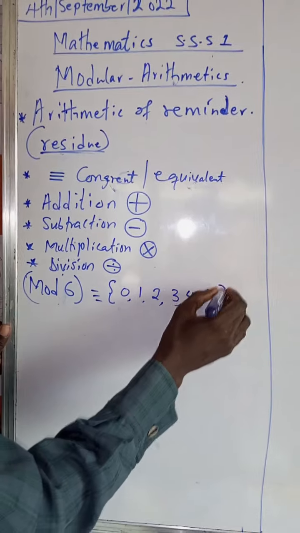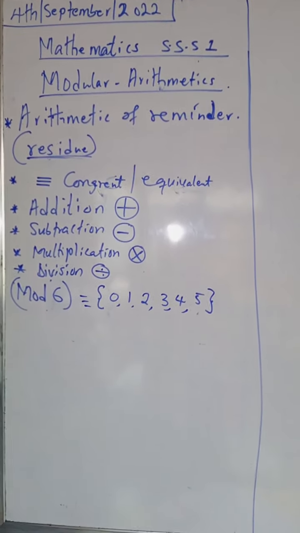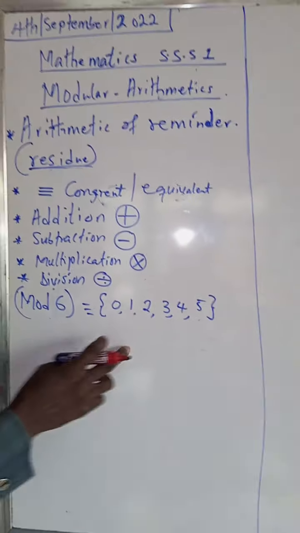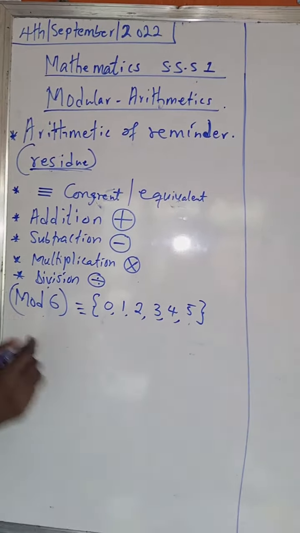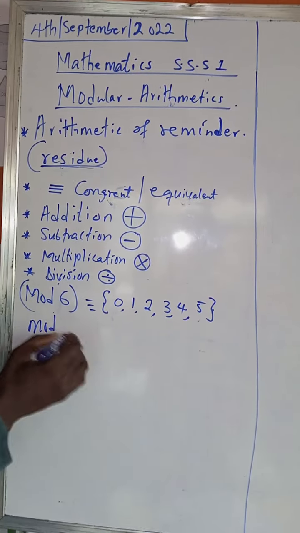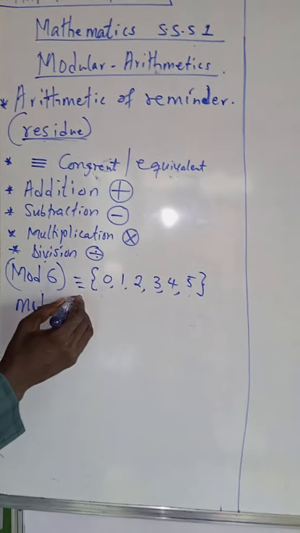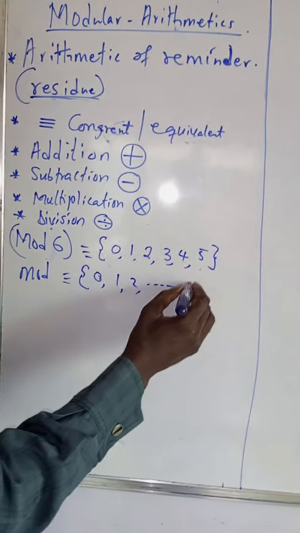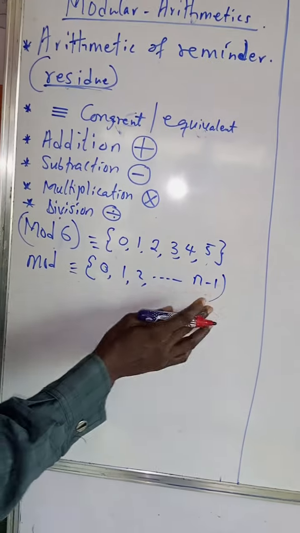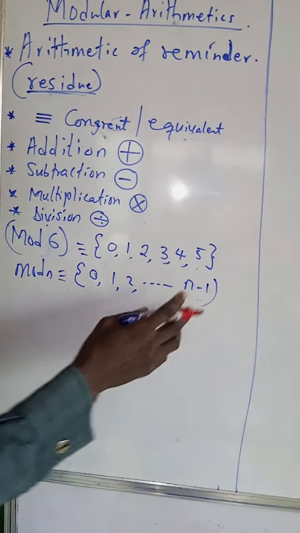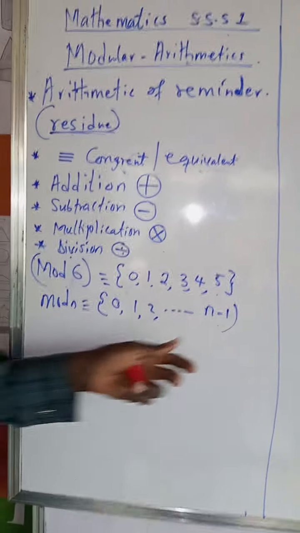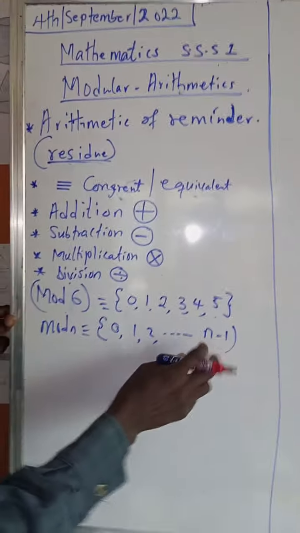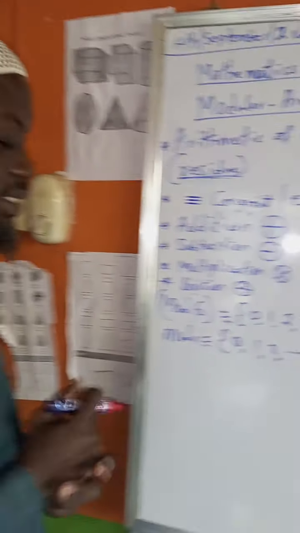But it can never remain 6, because 6 is the modulus. It means it will be one shot. So modular arithmetic in most forms comes like this: 0, 1, 2, up to n minus 1. So what do I mean by modulo n? It means it gets to a stage where you just subtract 1 from your modulus. That is where it ends.